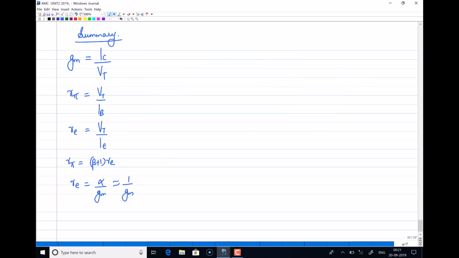So I'll just draw the equivalent circuits also. This is one equivalent circuit, alpha IE, where I have Re. This is known as the Re model, with VBE and this is IB. Now this is the Re model, and this is the hybrid-pi model.